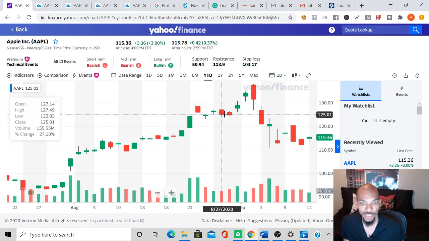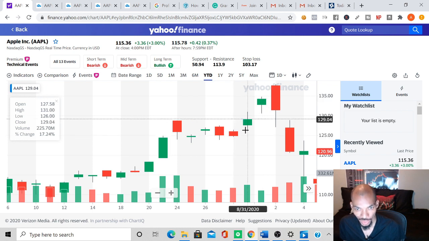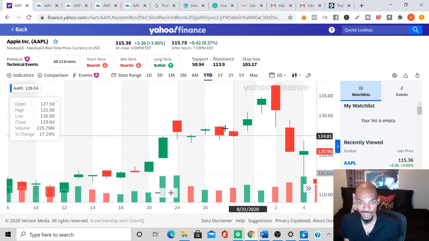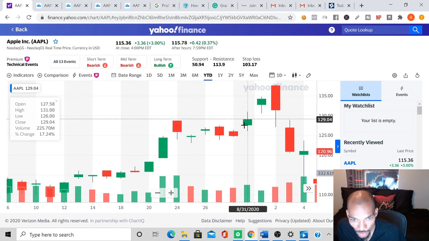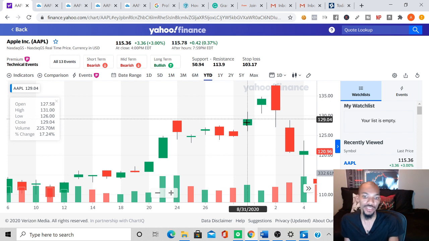So let's zoom in to be able to see it a little closer, right? So with this, I'll call it a bar. When you see this bar, this whole rectangle, they refer to it as the body. I probably should use the proper term, but they refer to it as the body, right?